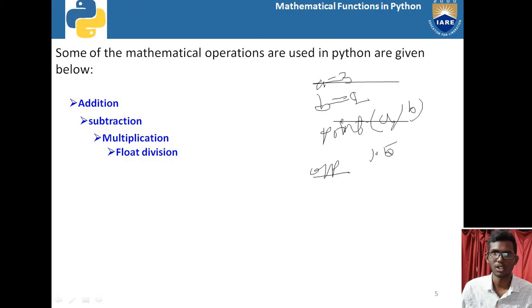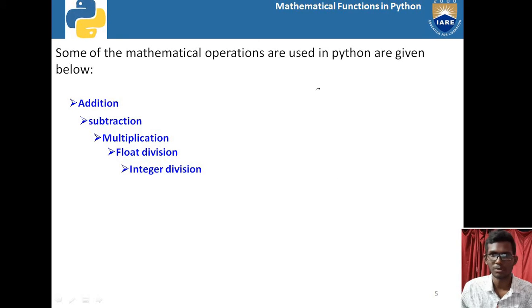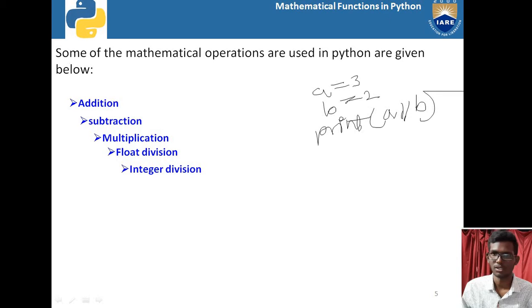Now we go to another operand, integer division. There is a difference between float division and integer division. Let's take a simple example: a equal to 3, b equal to 2, print a double slash b.